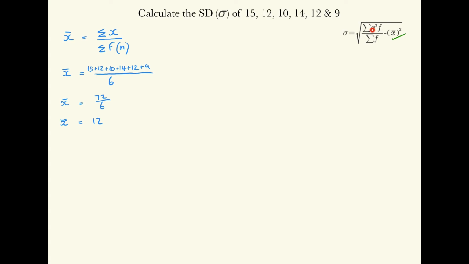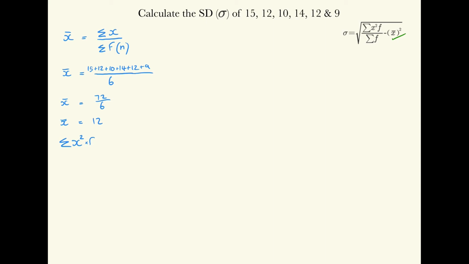We're going to find the sum of each of the scores squared. So it looks like this. Let me go ahead and do that part. Now we can multiply that by their frequencies, right? But because we've only got 6 numbers, we don't really need to multiply each number by how many times they occurred, because except for the number 12, they all occurred once.